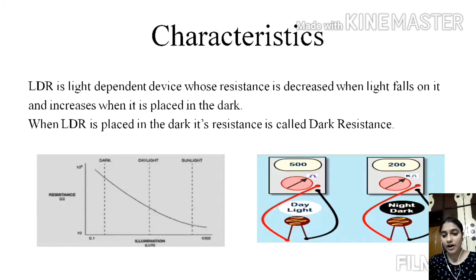You can see I mentioned a graph there on the screen. This graph shows the resistance versus illumination curve of LDR. These LDR devices are non-linear devices. Their sensitivity varies with lambda, the wavelength of light incident on them.